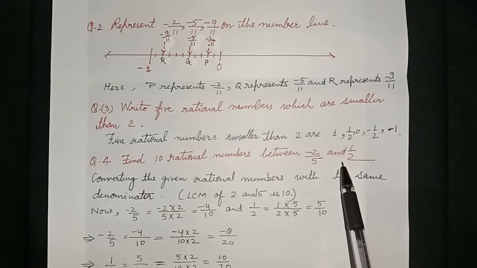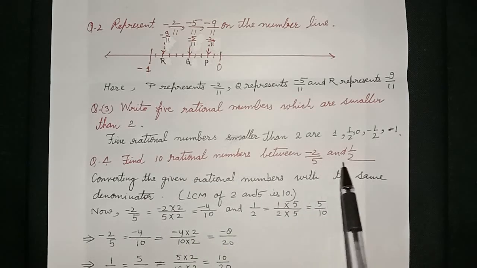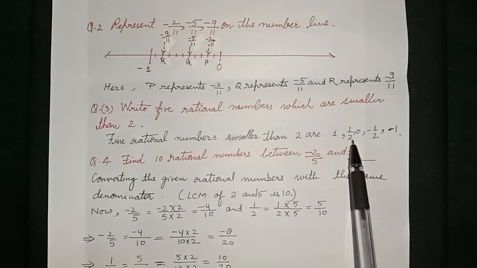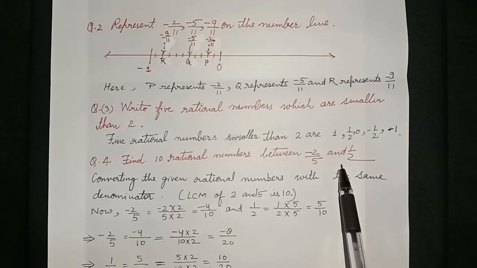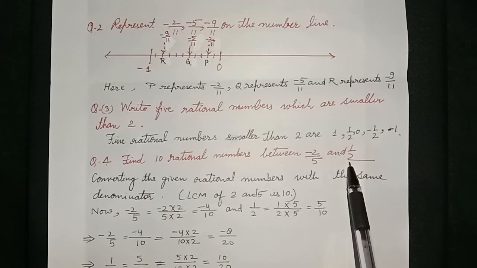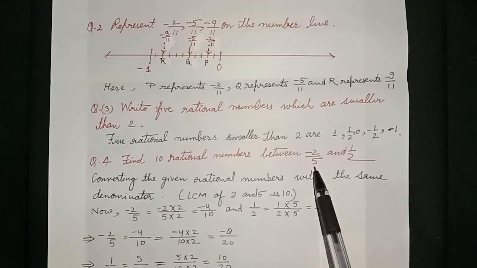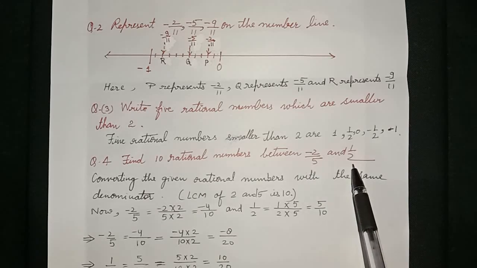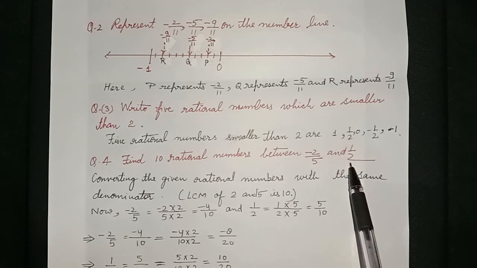We have to find 10 rational numbers between them. To write rational numbers between them, first we will make the denominators the same. You can see that one denominator is 5 and the other is 2.